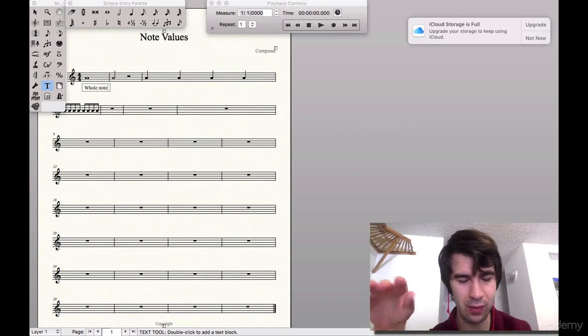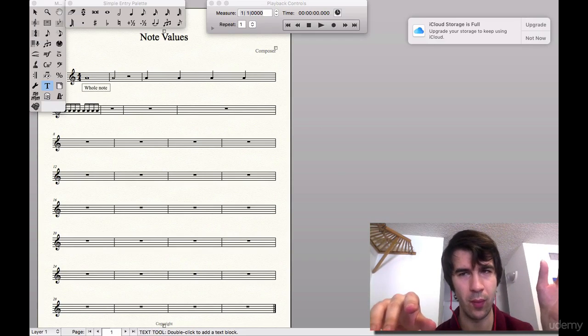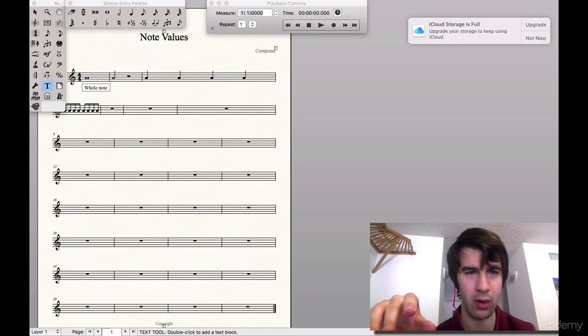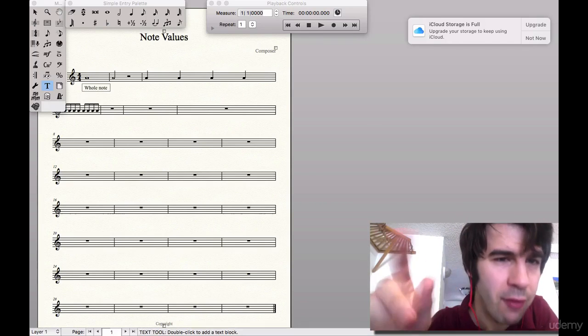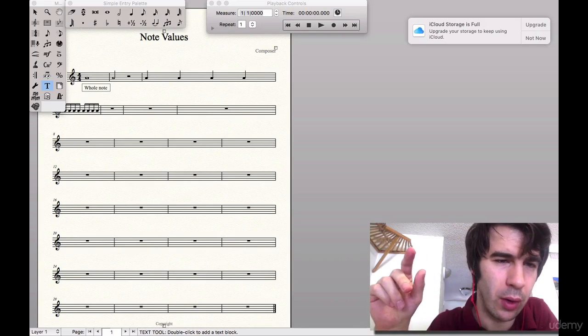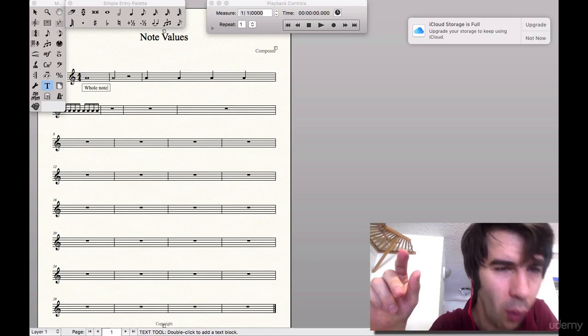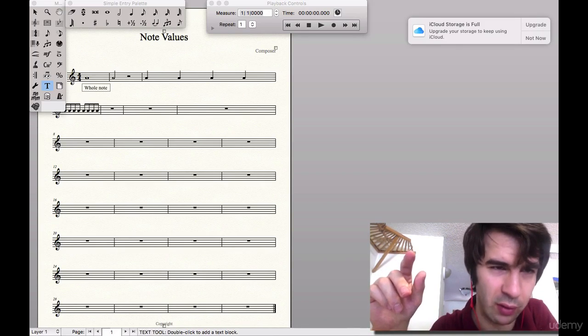So that is a key to remember when you're studying note values, the time signature of what note is being modified. Now, if we're in 4/4, which means 4 beats per measure and the quarter note gets the beat, that means the whole note is made up of 4 quarters, essentially.